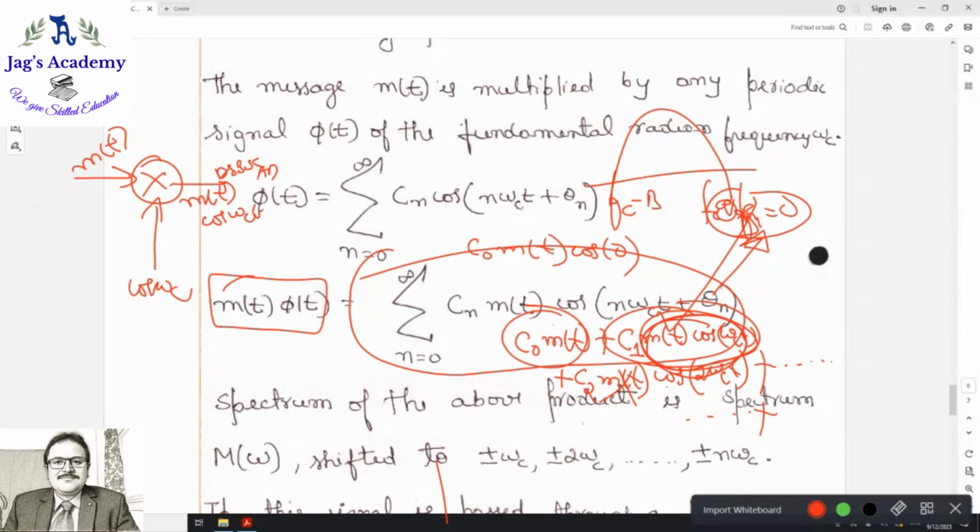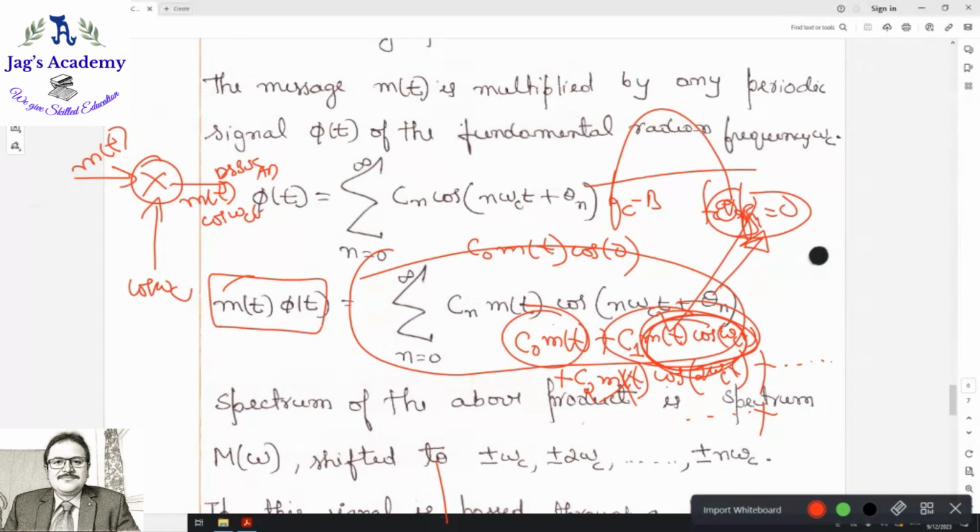And remove all other components. Only this particular component will be passed. All remaining components will be suppressed. Have you understood this?